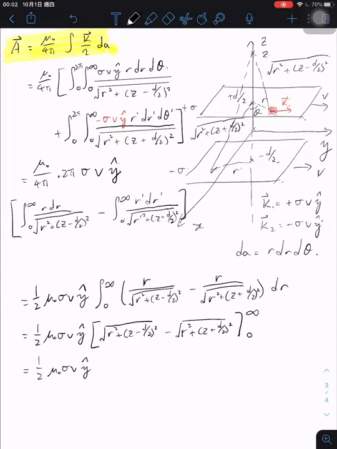But that is not the case for an infinite plane with uniform surface current density, because for one plane only, if you calculate the magnetic field, you will find that the magnetic field above the plane and below the plane is constant, which is similar to the electric case. If you have an infinitely large plane with charge density sigma, then the electric field above and below will be constant.